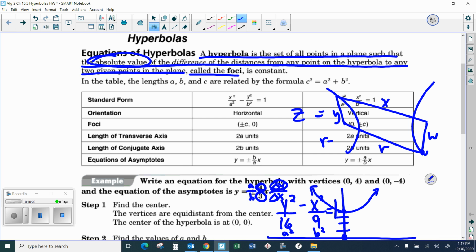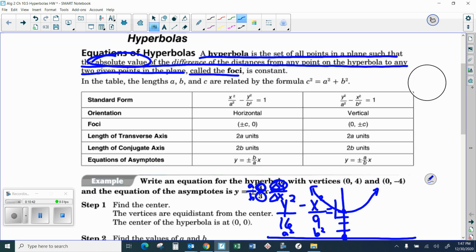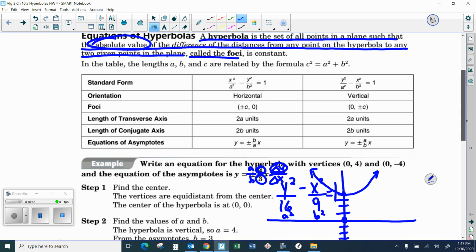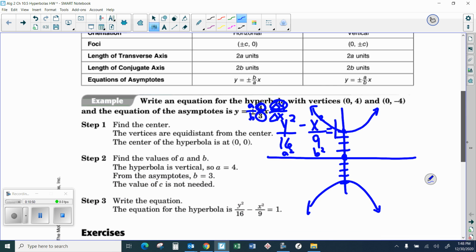Then r minus w must also equal z. So the subtraction of those differences is the exact same number as z. That's what that's saying right there. That's the definition. You don't have to know that to do any of the parts of the problem, basically.